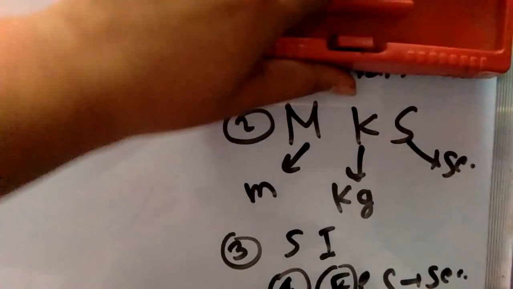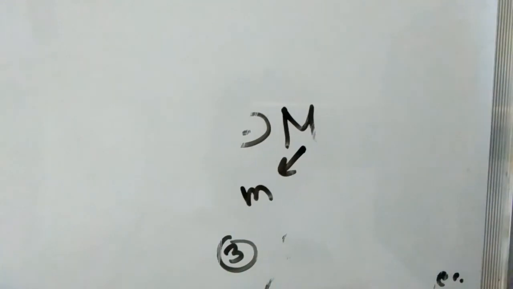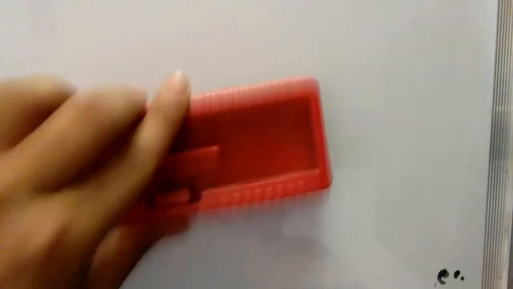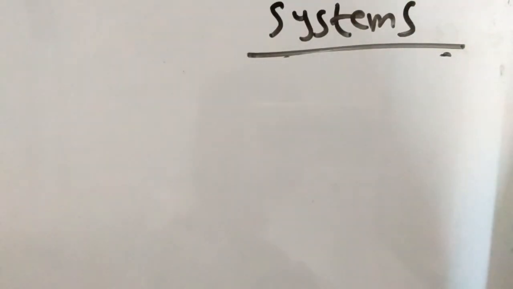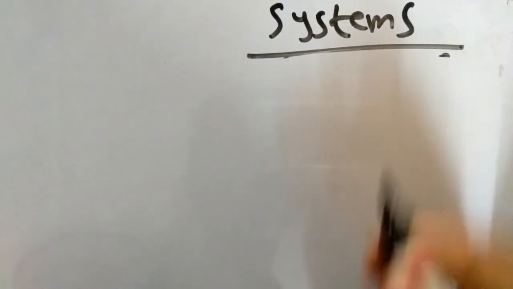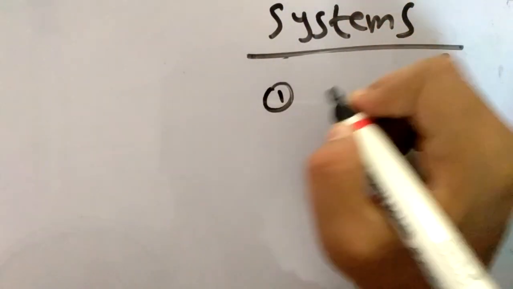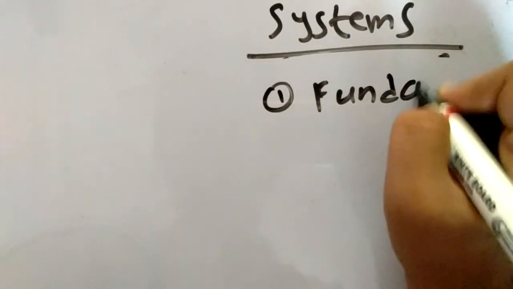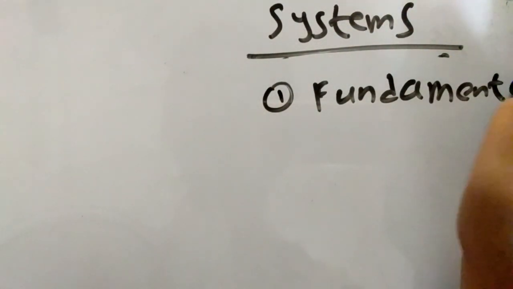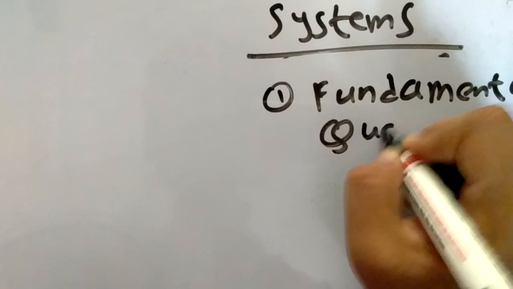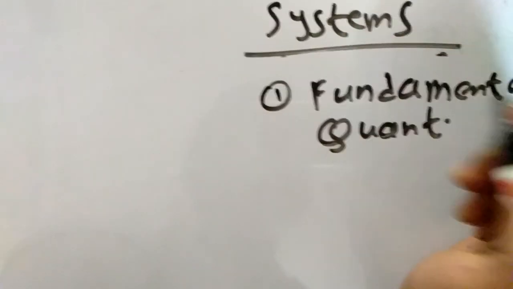Then after understanding the system of units, we will now do fundamental and derived quantities. So first we will do fundamental quantities. Now what are fundamental quantities?